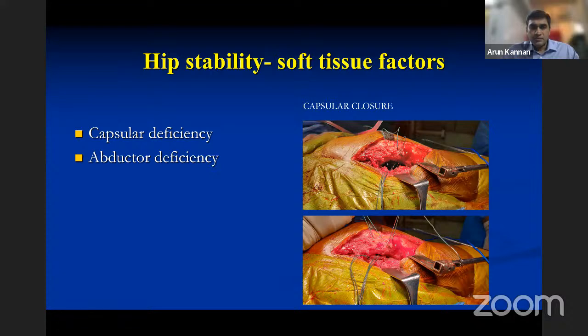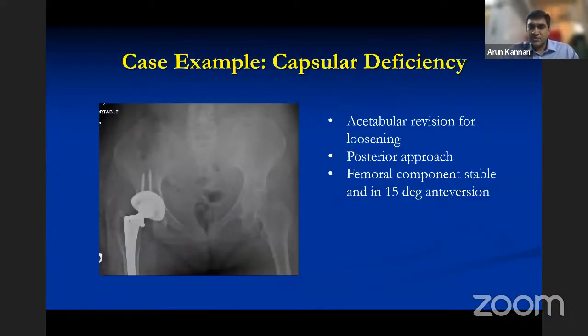Just to illustrate a case in point, this was a lady who presented with acetabular loosening, and she had an acetabular revision alone through the posterior approach. The femoral component was stable and in 15 degrees of anteversion, and it was not changed.